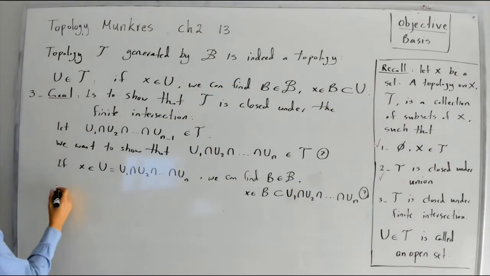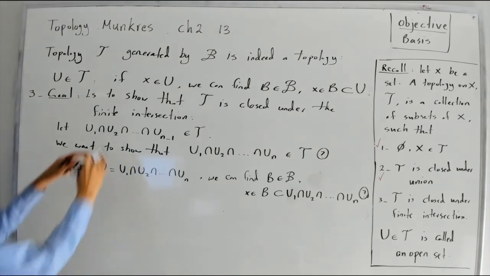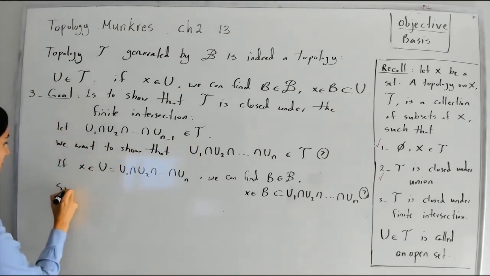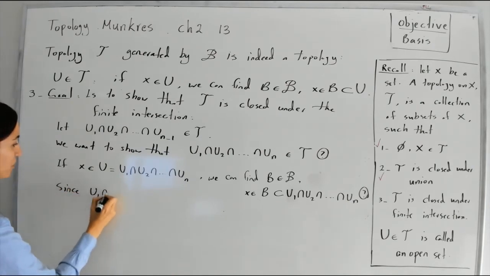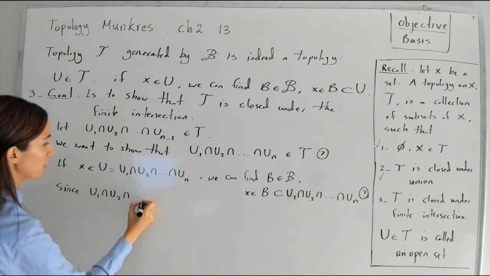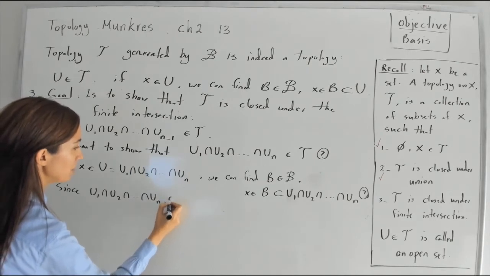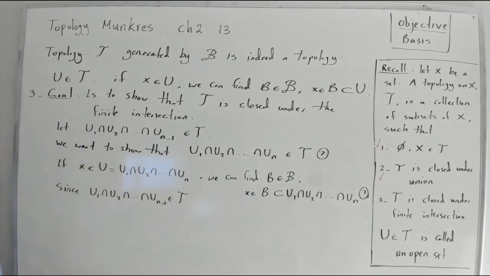Well, by the hypothesis that we have, U1, U2, U(N minus 1) belongs to tau.